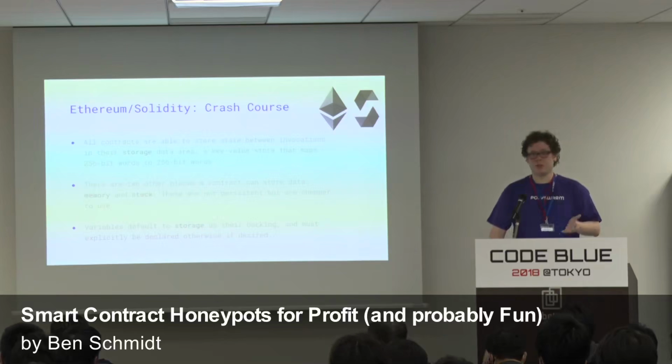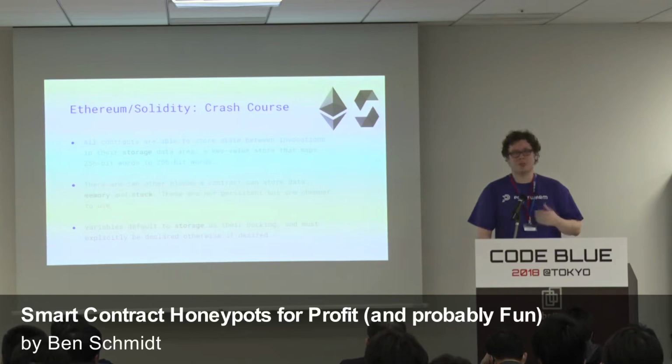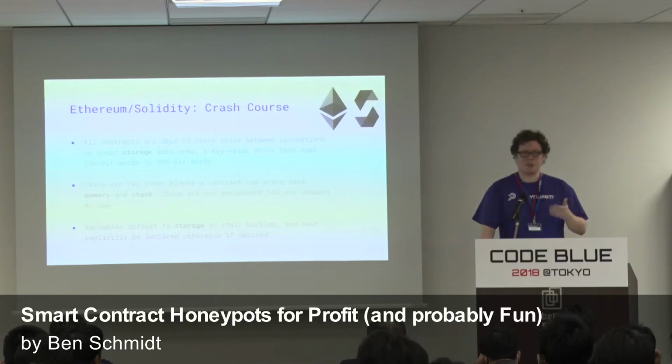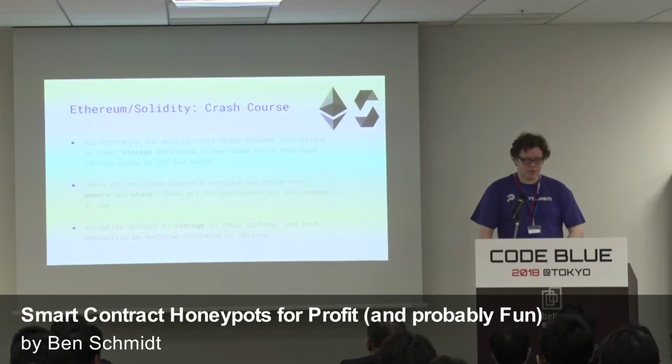Interestingly, Solidity actually defaults to using storage, which can cause a lot of performance problems and also lead to some weird behaviors that we'll see later. But you have to explicitly declare otherwise if you actually want to make your code more efficient.